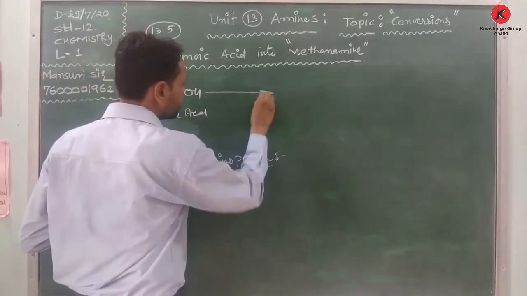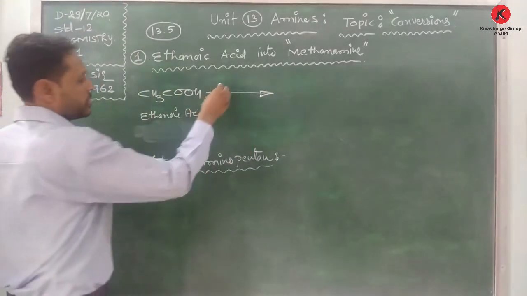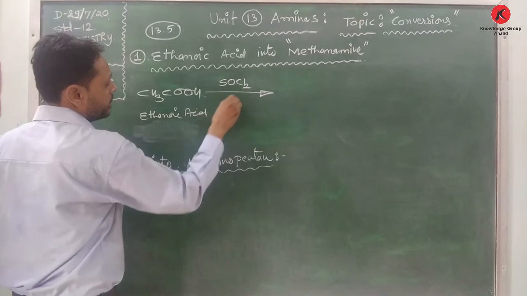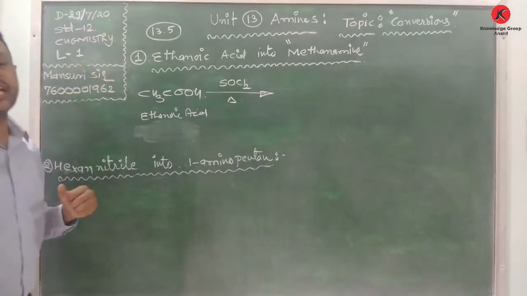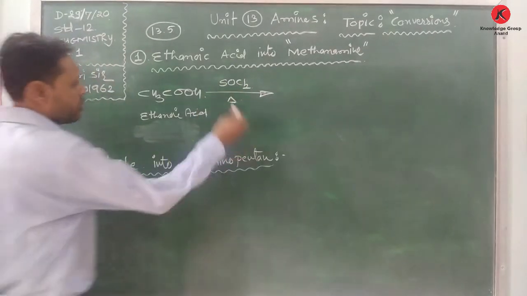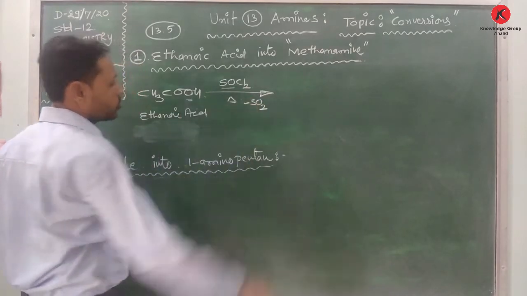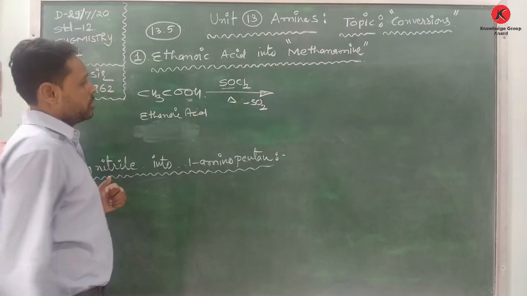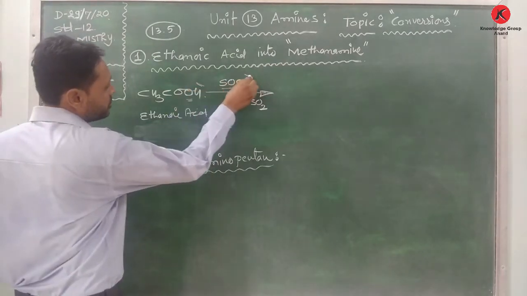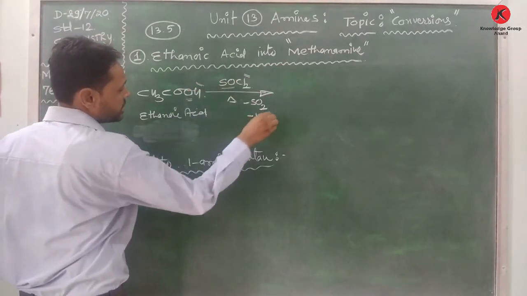Now first it reacts with thionyl chloride, SOCl2. Now SO and this O will be removed, so SO2 will be expelled. Thereafter hydrogen reacts with chlorine and forms HCl.